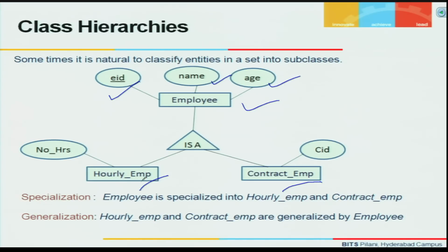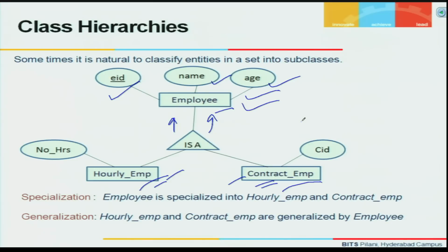So hourly employee is a subclass of the employee superclass, and contract employee is also a subclass of the superclass employee. Hourly employee is a kind of employee, contract employee is a kind of employee. So this is called the superclass and these two are called subclasses.